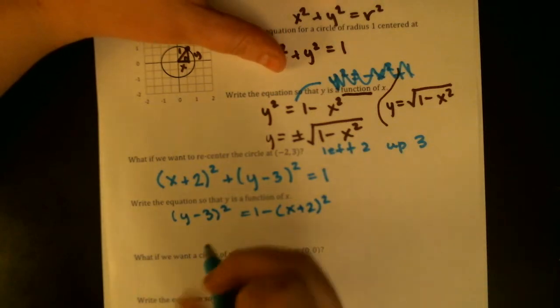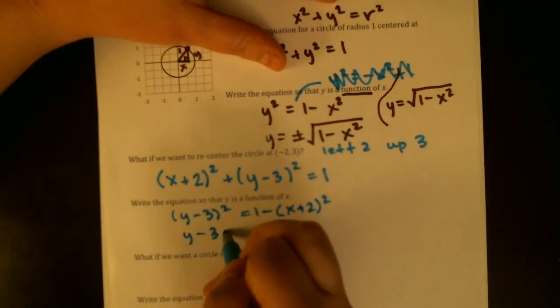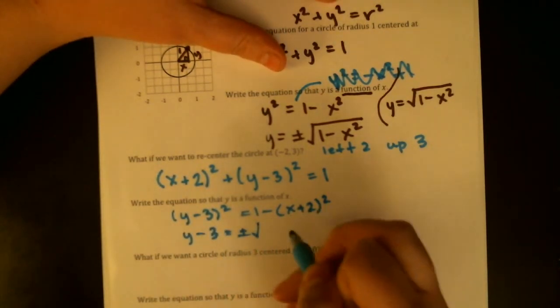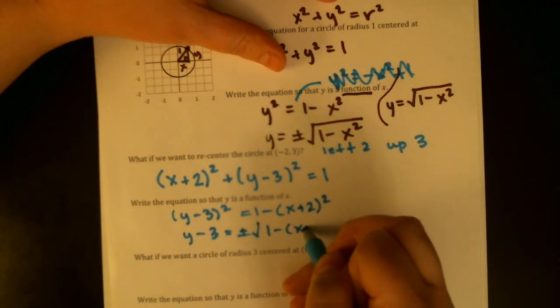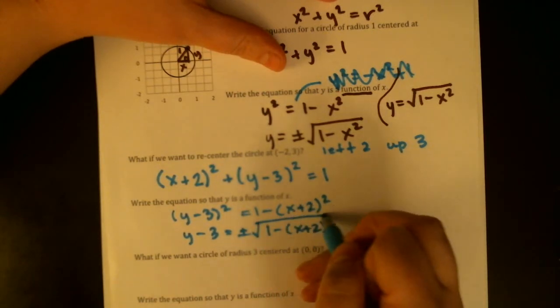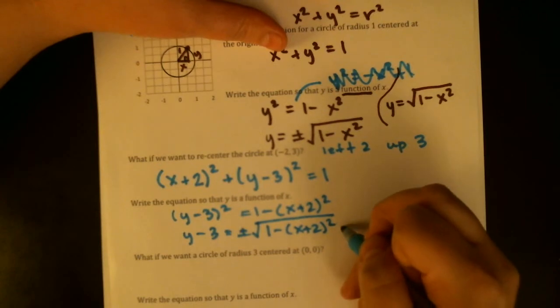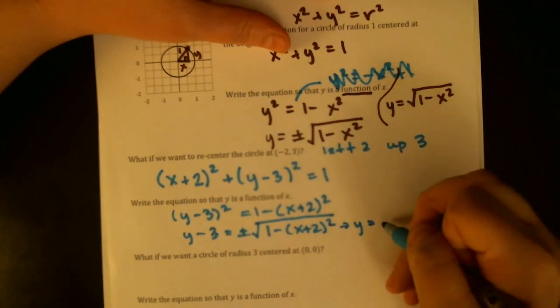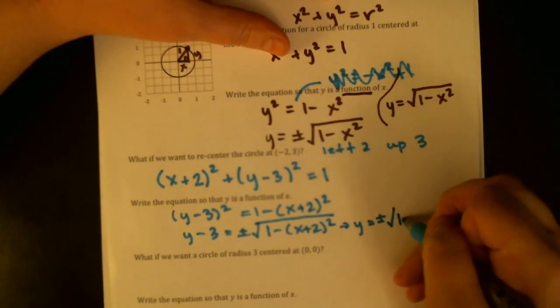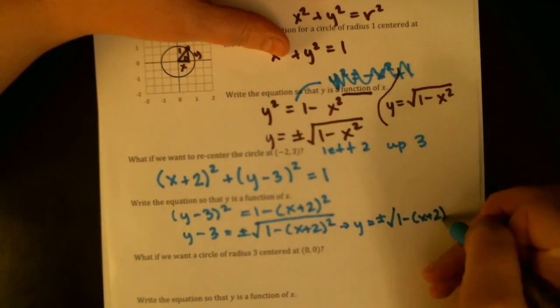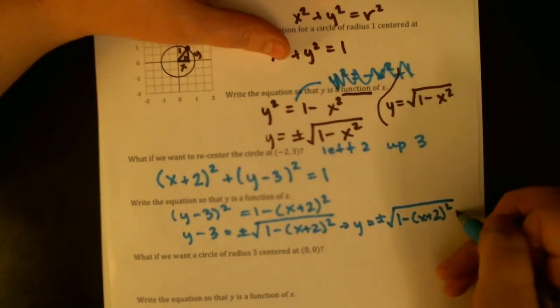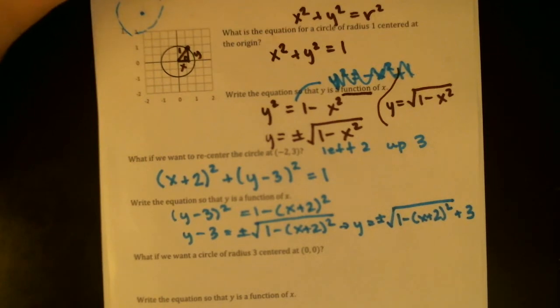And then I can square root both sides. I get plus or minus the square root of 1 minus x plus 2 squared. And then I can add 3. So the final equation I get, see if this will fit. Okay, so there's the equation I get.